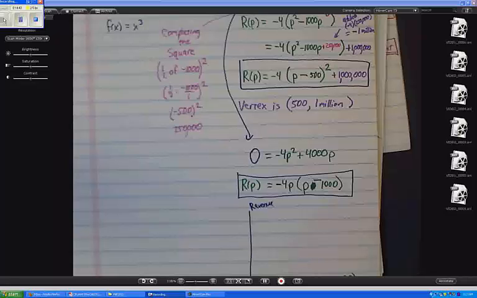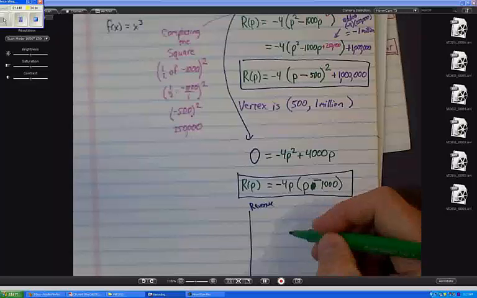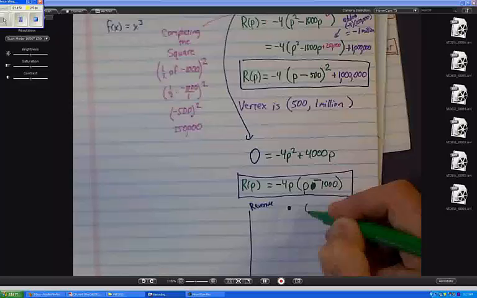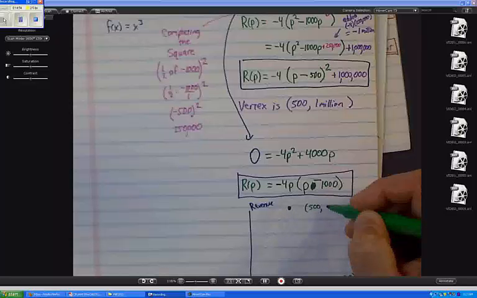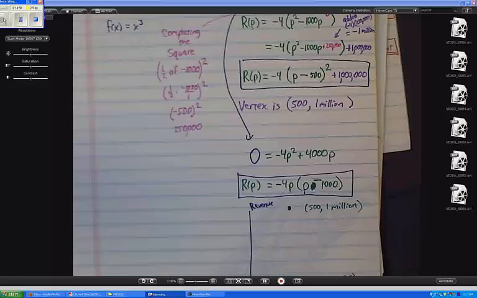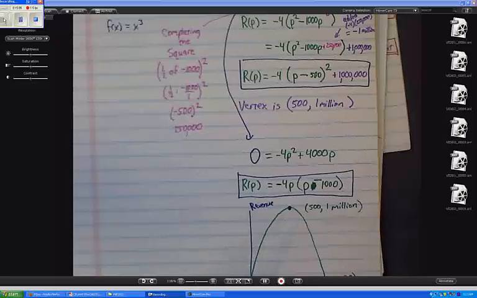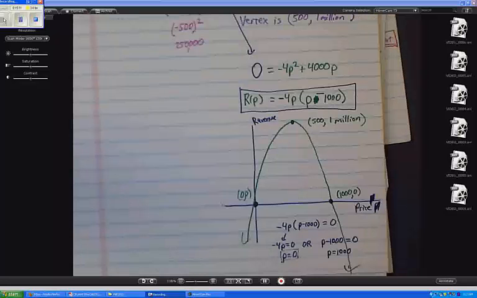You can read right off of there that one of the points is, what point would I write? Somewhere up here is 500, comma, 1 million. Okay? And we know it's a parabola, so that's the maximum point. All right, so it really does look like this.